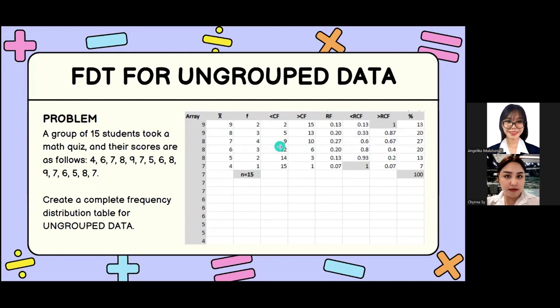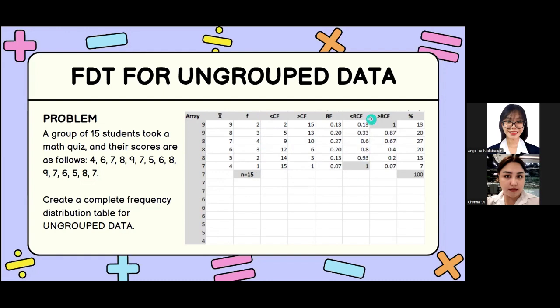Then 4 divided by 15 is equals to 0.27. 3 divided by 15 is equals to 0.20. 2 divided by 15 is equals to 0.13, and then 1 divided by 15 is equals to 0.07.